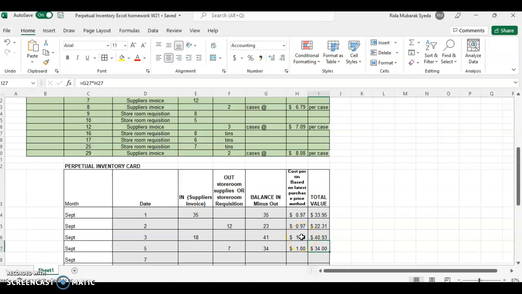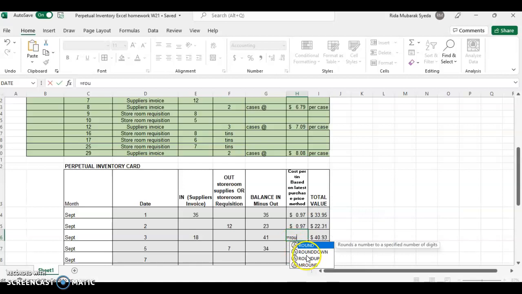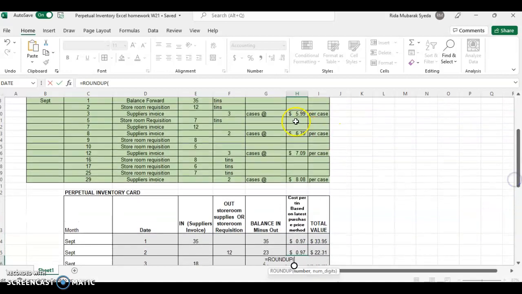So for Excel to know that it's supposed to use the rounded value, we need to use the round up formula. So we'll choose round up, and then put the values that we put in before, which was 5.99 divided by 6.